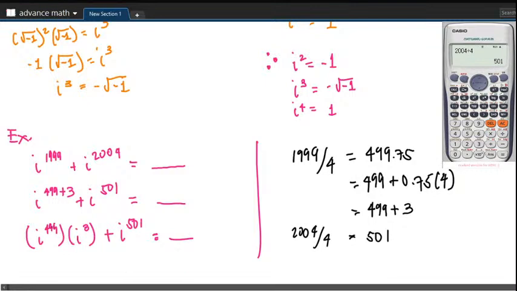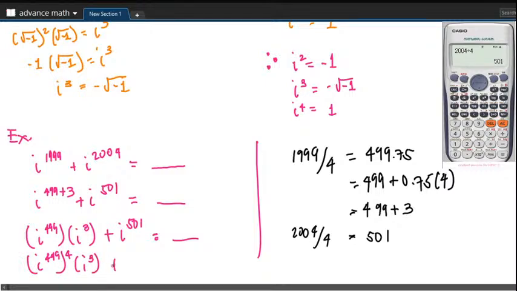Because this exponent is now divisible by 4, this will be equal to 1, and also this is equal to 1, because i raised to the power of 4 is equal to 1.